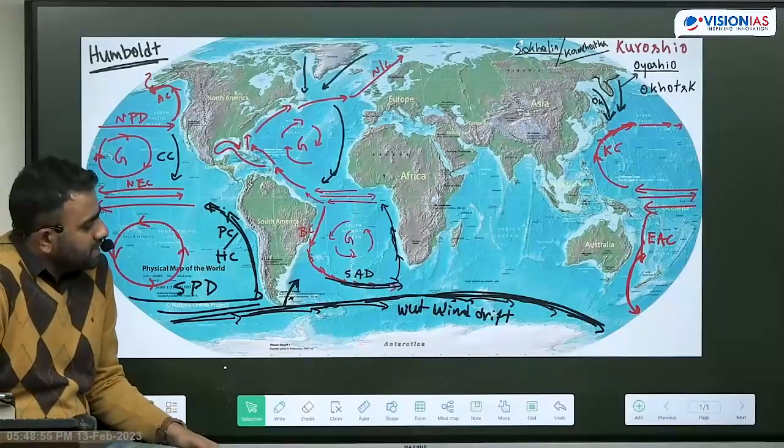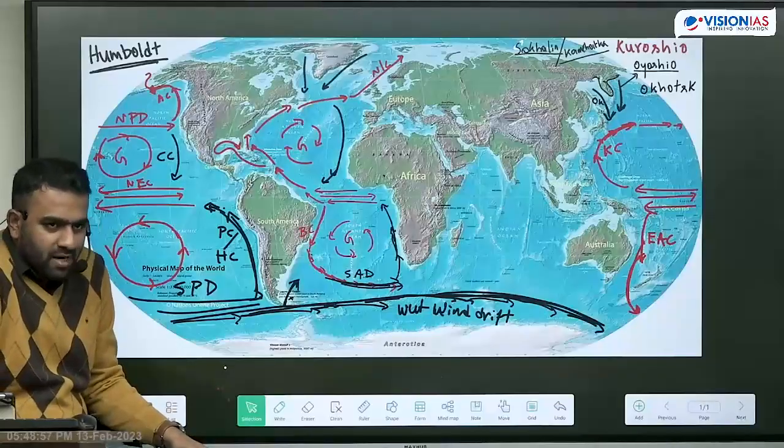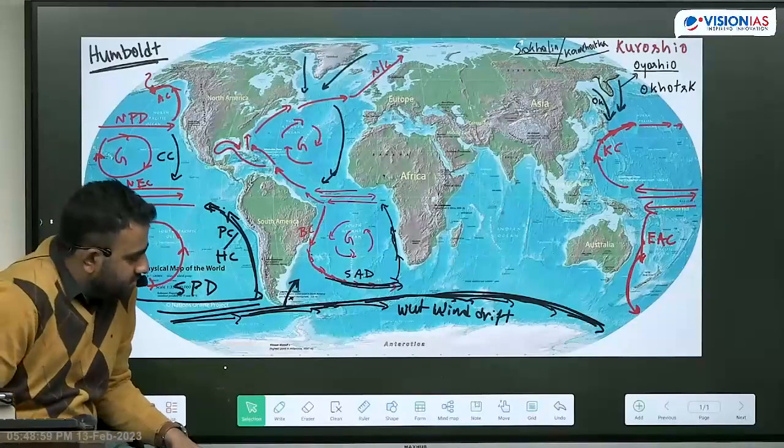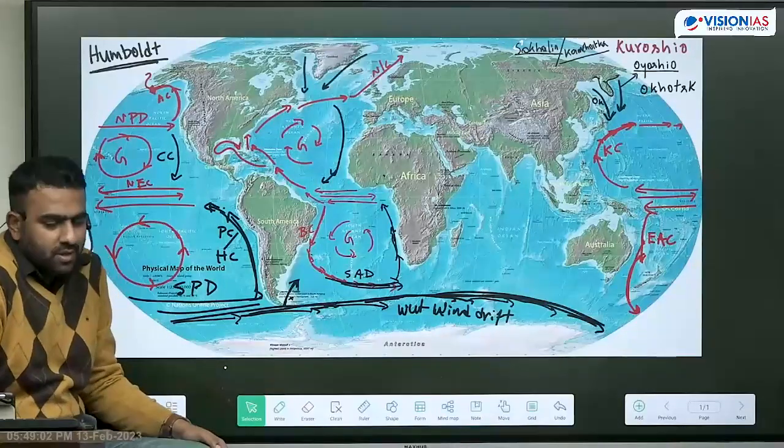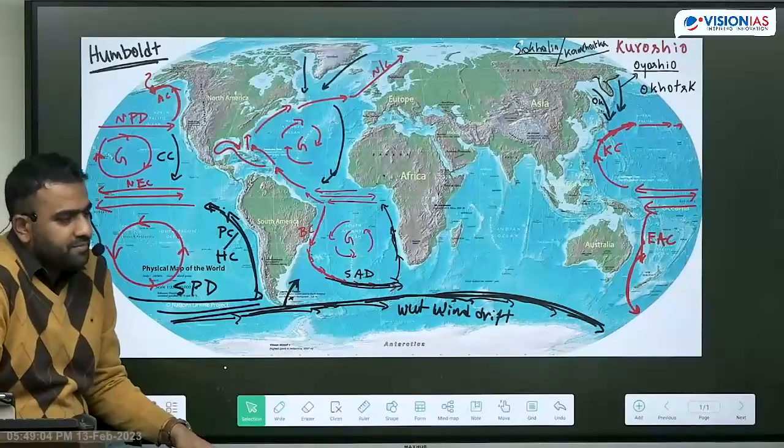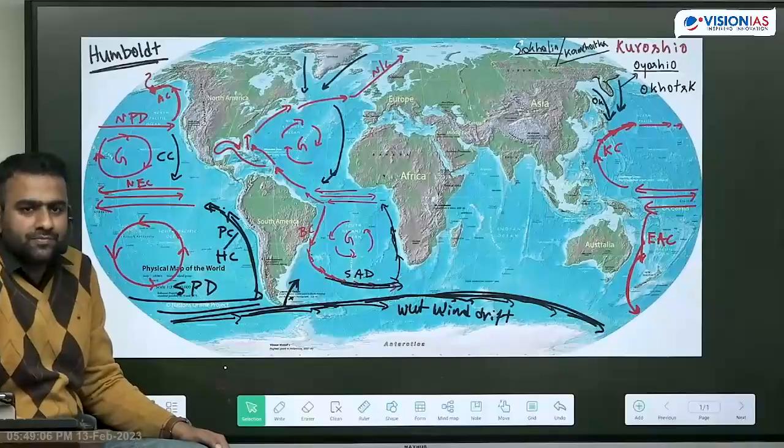So here the southern Indian Ocean is same as the other parts of the southern hemisphere, like the southern Atlantic Ocean or southern Pacific Ocean. But the northern Indian Ocean is totally different from the other northern oceans. Why?